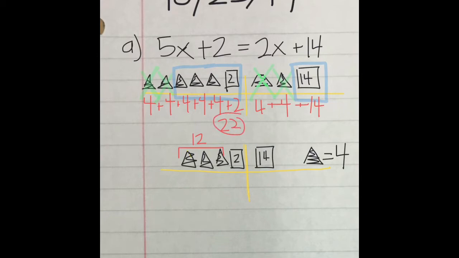On the right side, I've got 4 plus 4 is 8, plus 14, I think also would be 22. Remember, you've got your number lines, or you've got those number counters if you're having trouble adding those bigger numbers. So 22 equals 22. It looks like I was correct and the triangle was 4.